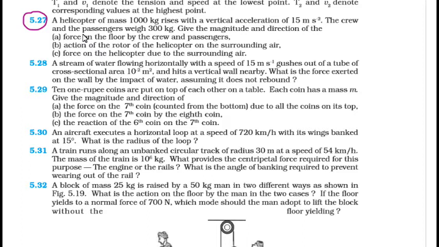Give the magnitude and direction of A, the force on the floor by the crew and passengers; B, the force acting on the rotor of the helicopter due to the surrounding air; C, the force on the helicopter due to the surrounding air. So we'll answer this question one by one.